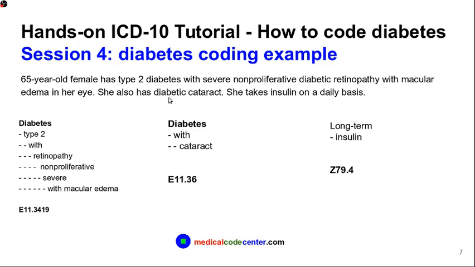She also has diabetic cataract. She takes insulin on a daily basis. So we basically have three conditions here: first this one, then the diabetic cataract, and then the insulin. Let's see how to code. Now just get your book out so that you can follow along.